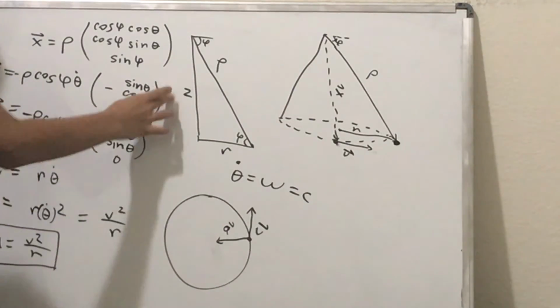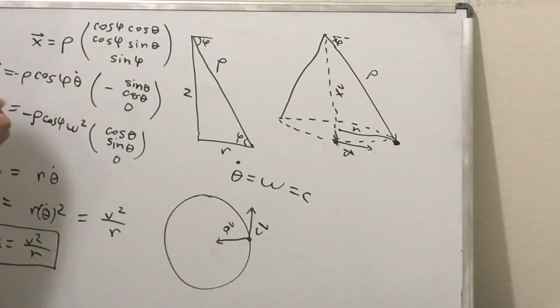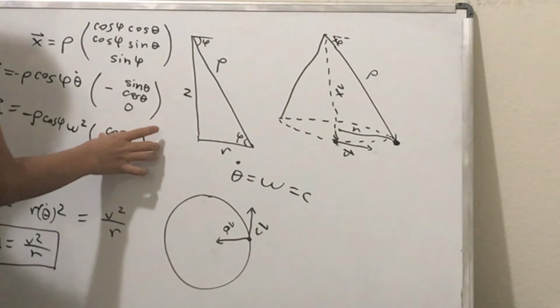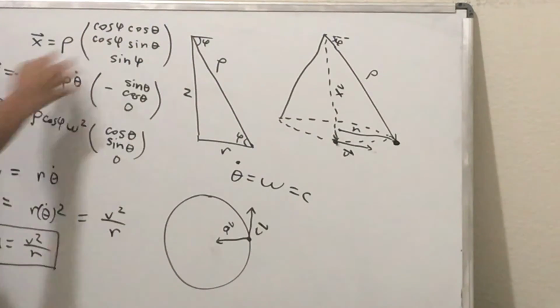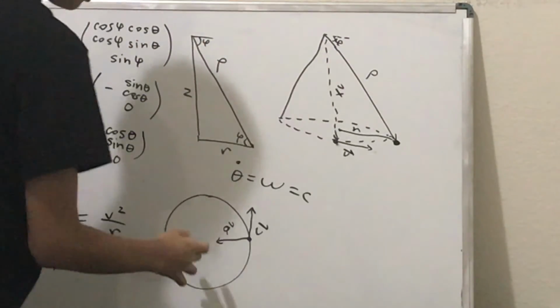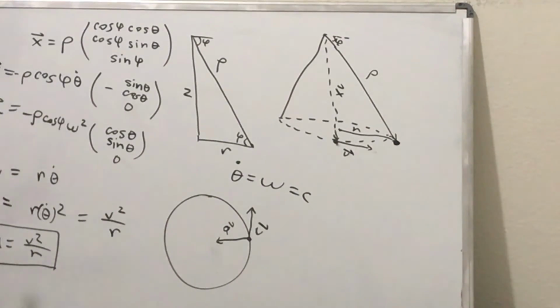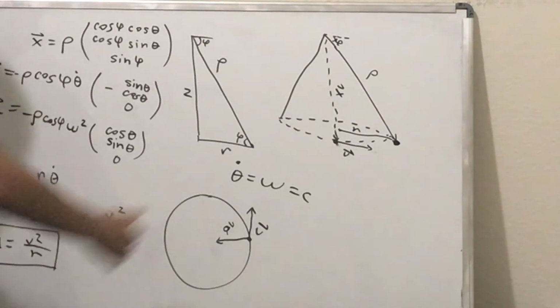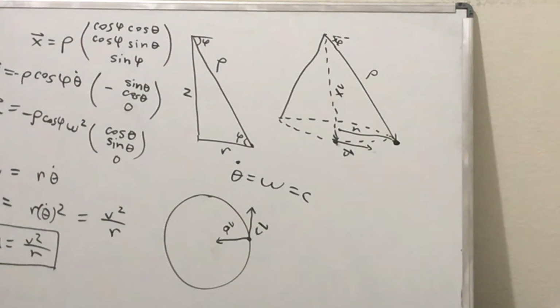And you can tell by looking at the formulas, notice how the acceleration is cosine theta, sine theta, but it's actually negative. So it's exactly the position, but negative, and the z term isn't there. So it's pointing towards the center of the circle, just like that. And there we go. Circular motion.